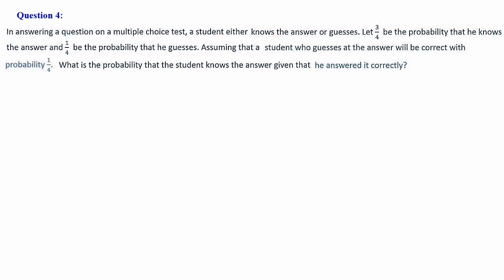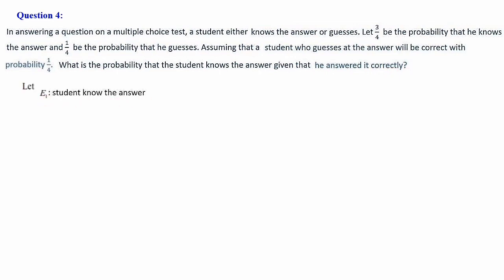So E1 given A we have to calculate, because E1 is the student knows the answer, which we have already taken. E1 given A, where A is what we have already assumed: the student answered correctly.